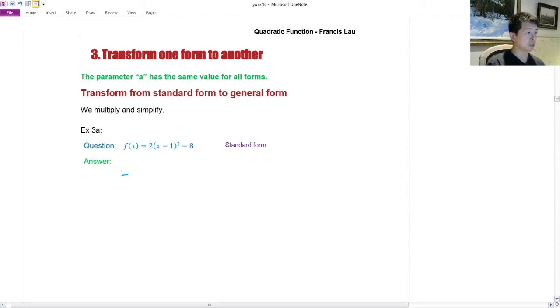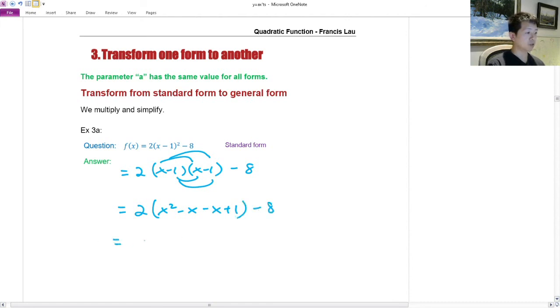So this is going to be equal to 2(x minus 1) times (x minus 1) minus 8. Now we have to multiply the binomial. This is going to be 2 times x squared minus x plus 1 minus 8, and equals to, oops, x squared minus 2x plus 1 minus 8.